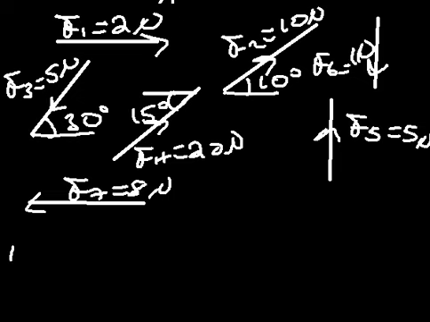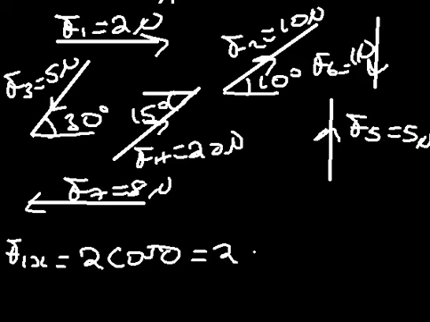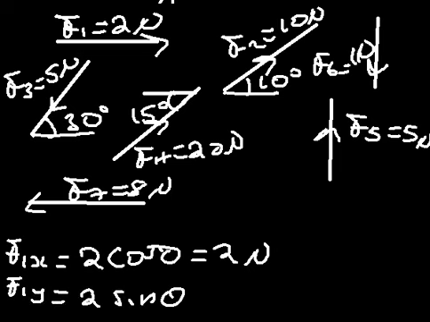Hence f1x will be 2 cos 0 degrees, which is the same 2 newtons. How about f1y? We'll have it as 2 sin 0, which is 0.